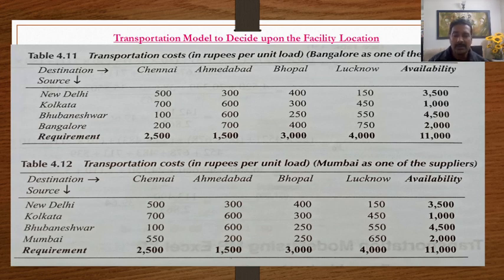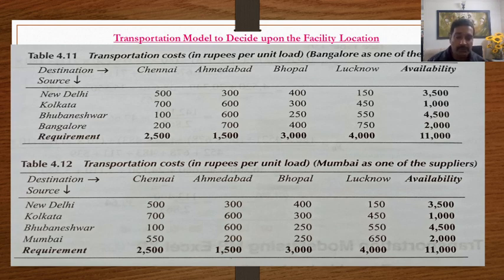Now this problem needs to be solved. Solving means you have to calculate the total transportation cost when they select Bangalore as the facility location, and the total transportation cost when they select Mumbai as their facility location.